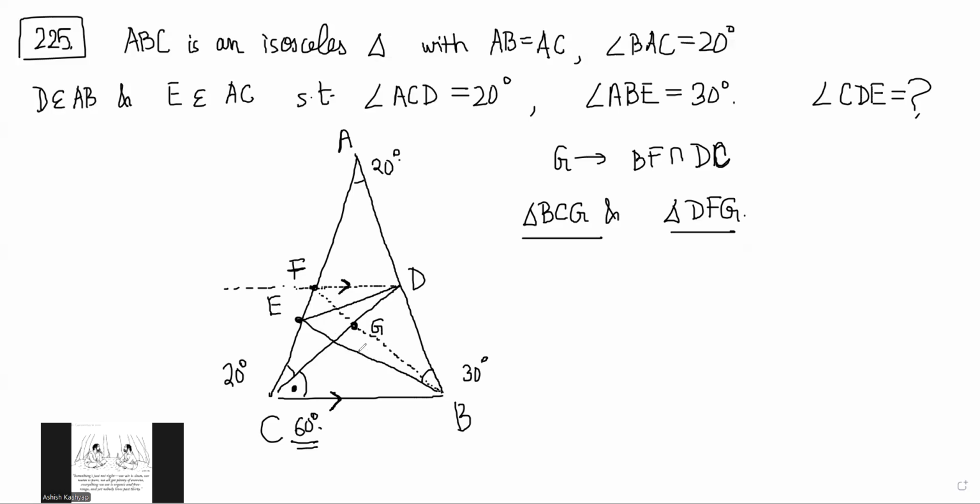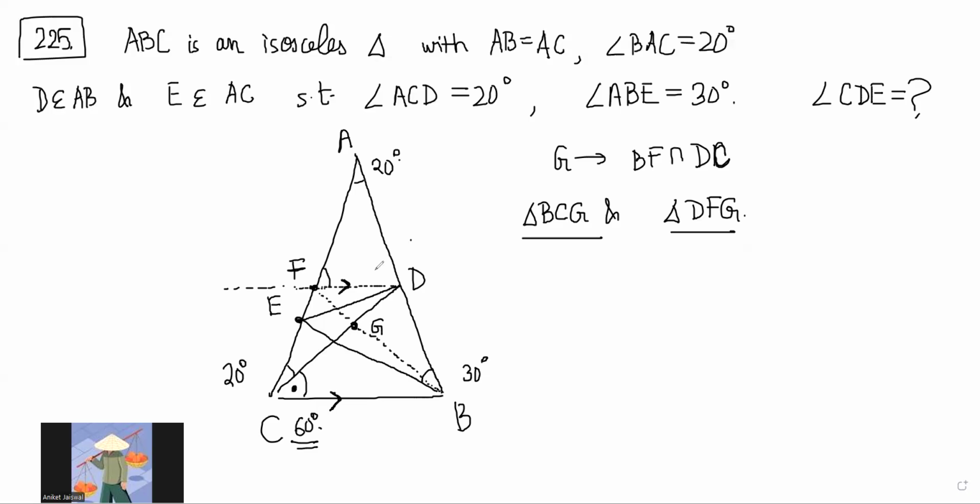Let's think about it. What we know is that a parallel line FD will divide these two sides in the same ratio. So AFD is also isosceles, so this angle is also 80 and 80, right?